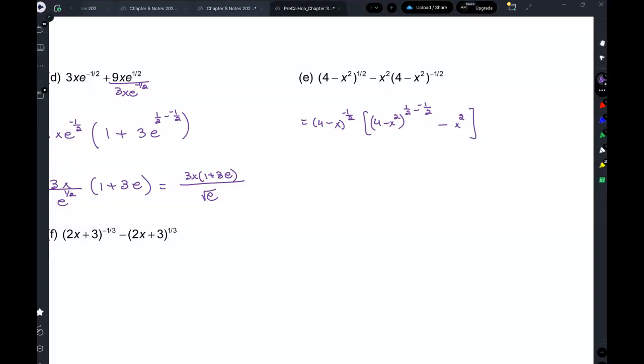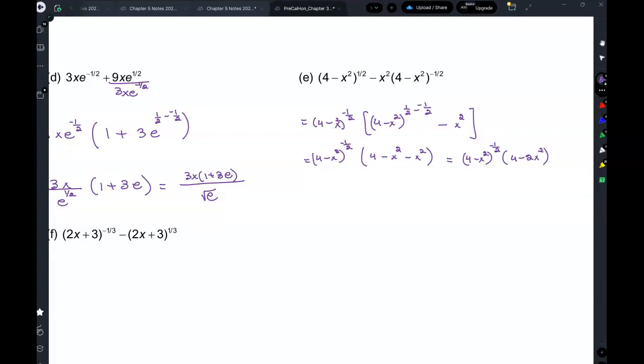So now I have 4 minus x, oh, this is a square. Bear with me with the negative 1/2 for a minute. We'll deal with it in a second. Here I have 4 minus x squared to the 1, right? Minus x squared. Now look, they're going to combine. How cool is that? So I get 4 minus x squared to the negative half, 4 minus 2x squared.